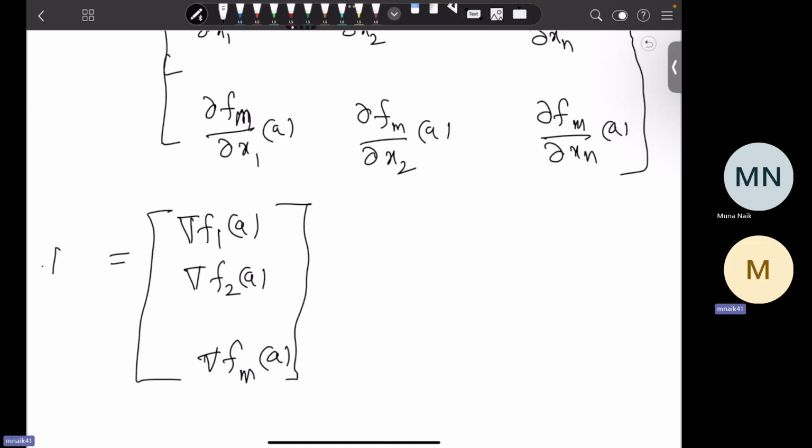So the matrix representation of f prime of a can be written with rows grad of f1 at a, grad of f2 at a, up to grad of fm at a. So this is clear.